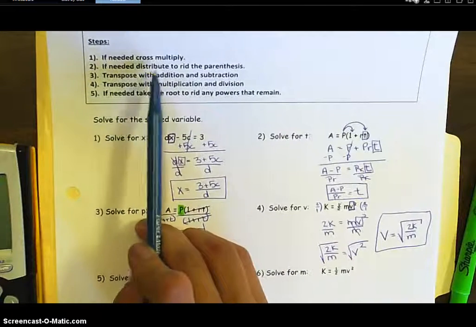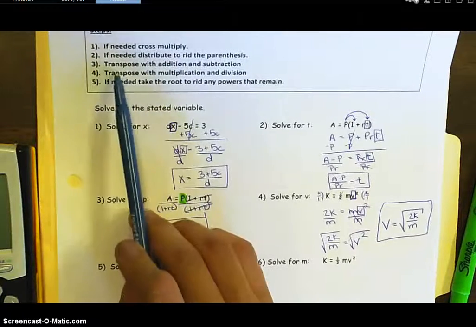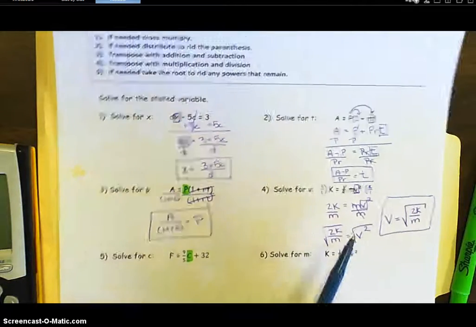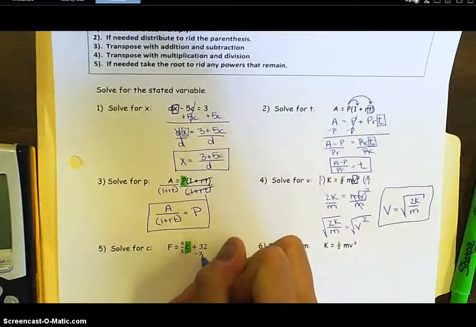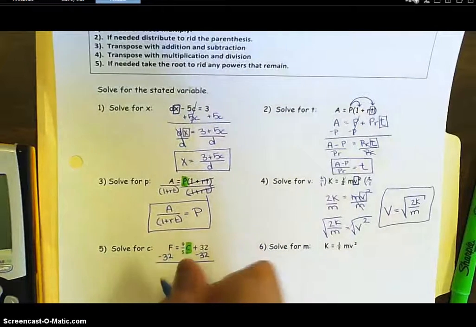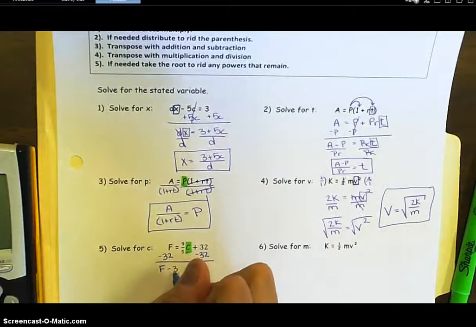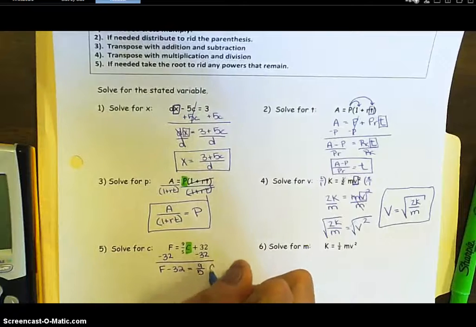If needed, distribute to rid the parentheses. There's no parenthesis. Transpose with addition and subtraction. Okay, so I'm adding 32 to the C, so I'm going to bring that to the other side. So we're going to subtract 32. So now I have F minus 32 equals 9 over 5C.